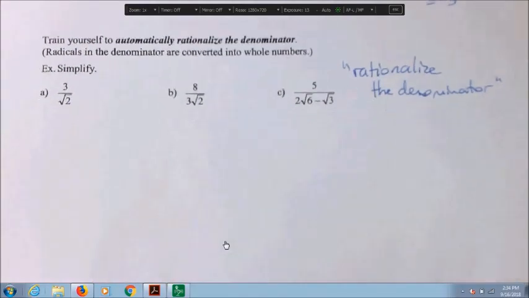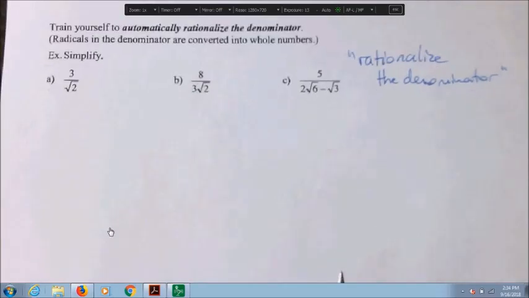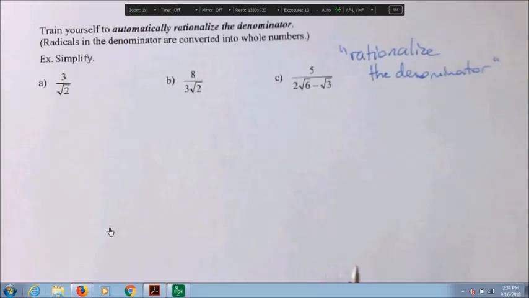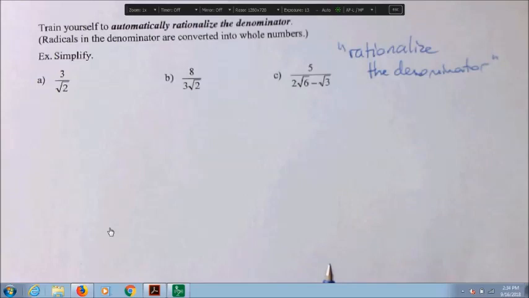And rationalize comes from rational number, which is just a fraction with whole numbers in it, not radicals. So the way we do it is a very cool trick that we will use many, many times in grade 11, which is to take this fraction and multiply it by a fake number 1.